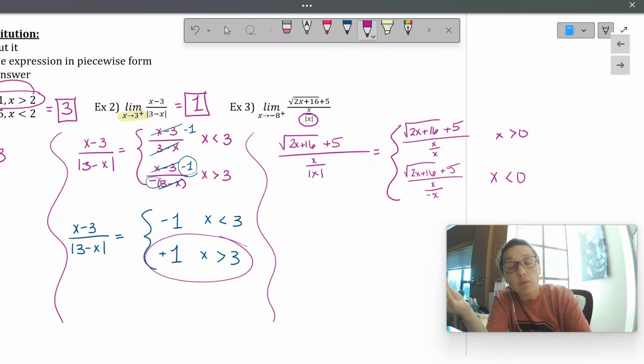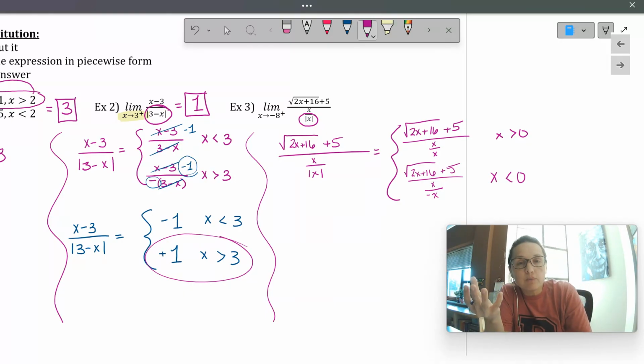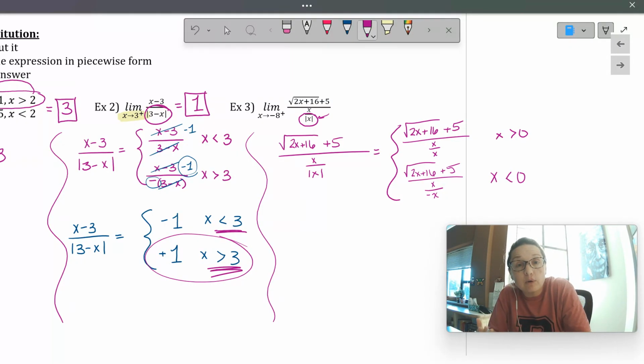The first part being when the absolute value's interior is greater than 0. The other part when the absolute value's interior is less than 0, and it's going to switch over when the absolute value interior equals 0. Over here, the interior of that absolute value equals 0 at 3, so we split it at 3. Over here, the interior of the absolute value equals 0 at 0. Okay?